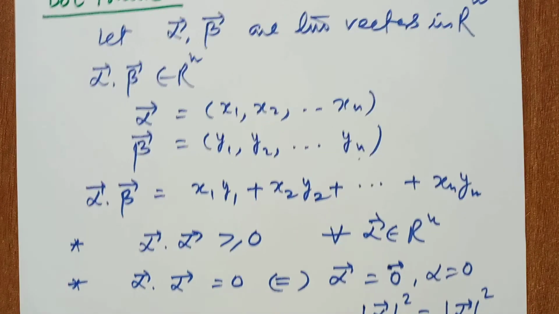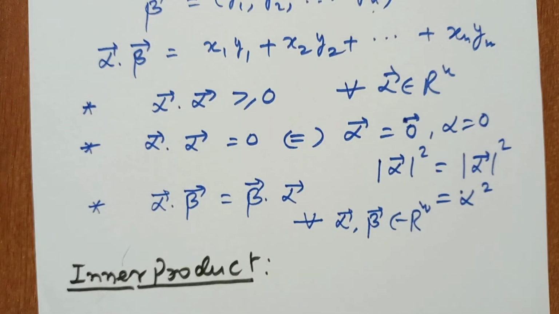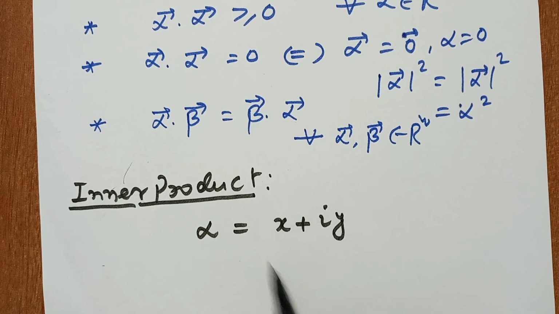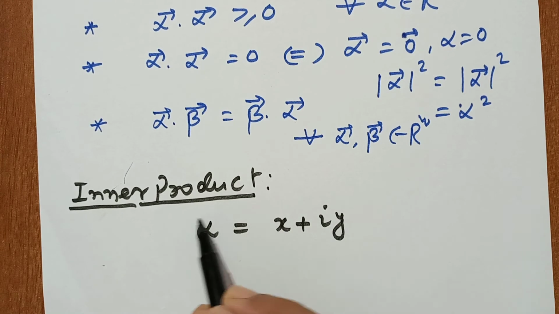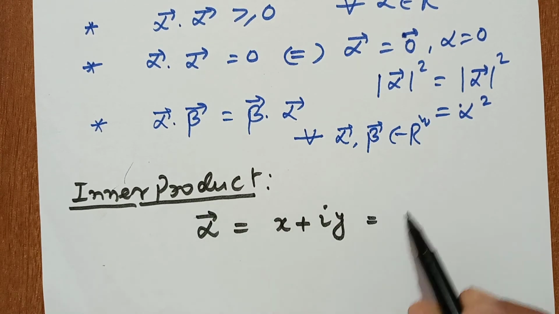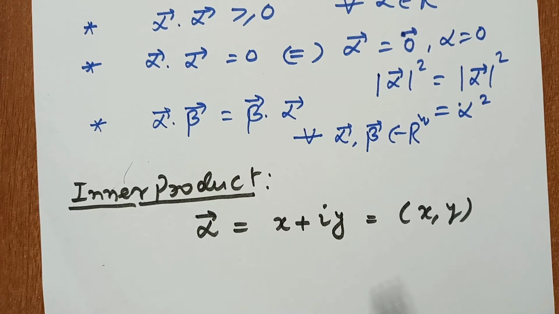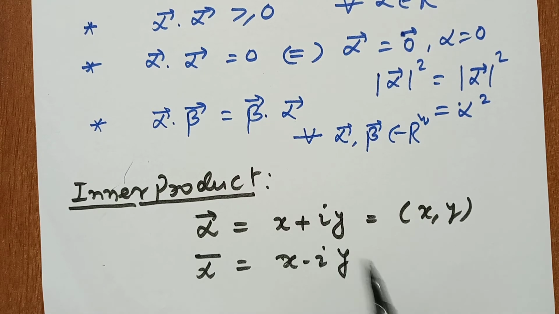But now I am going to explain this in the set of complex numbers. As we know, if alpha is equal to x plus iy, this is a complex number, the point x, y. The conjugate of alpha is x minus iy. The concept of this conjugate is applicable in inner product.